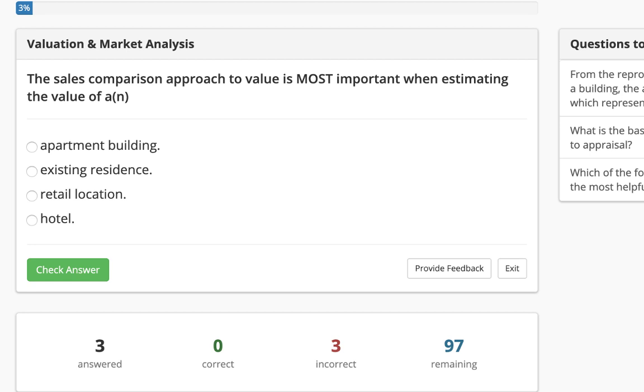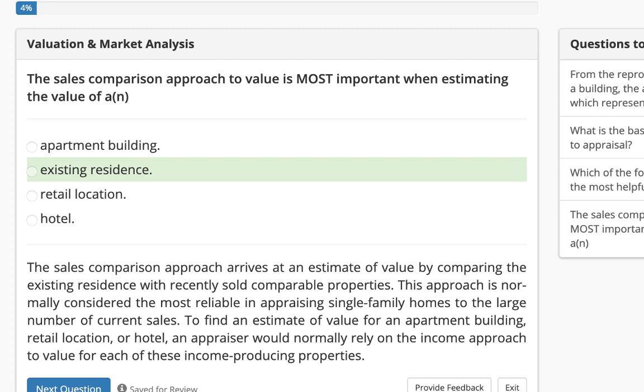The sales comparison approach to value is most important when estimating the value of B, an existing residence. This approach, according to our explanation, normally is considered the most reliable in appraising single-family homes, due to numbers of current sales.